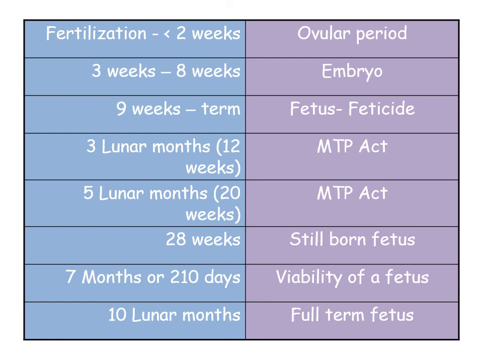Then at birth or 10 lunar months, it is a full term fetus. Any illegal death of that fetus means it is infanticide or feticide, and it is considered murder, with punishment equal as per Section 302.